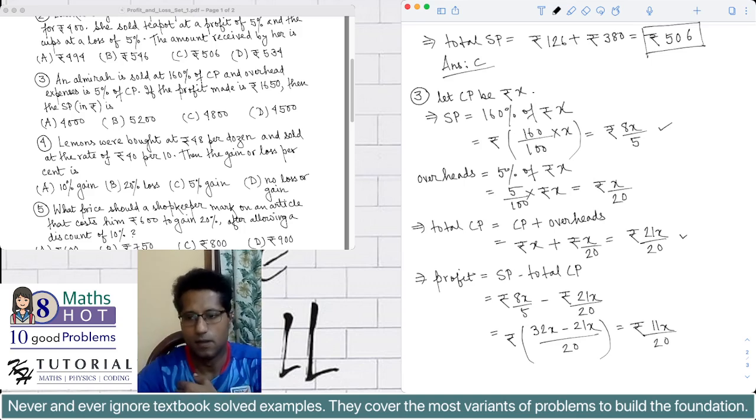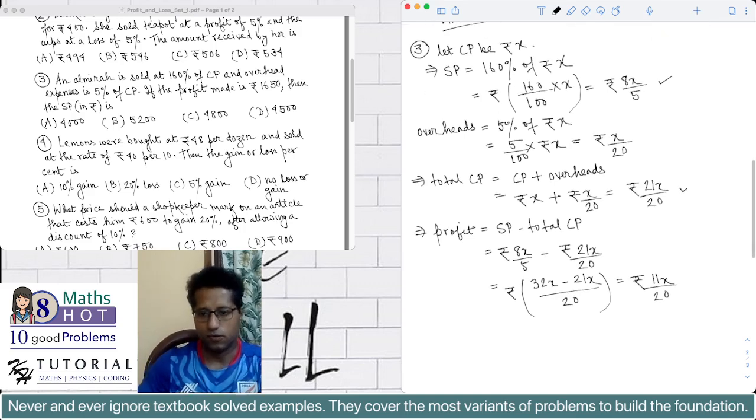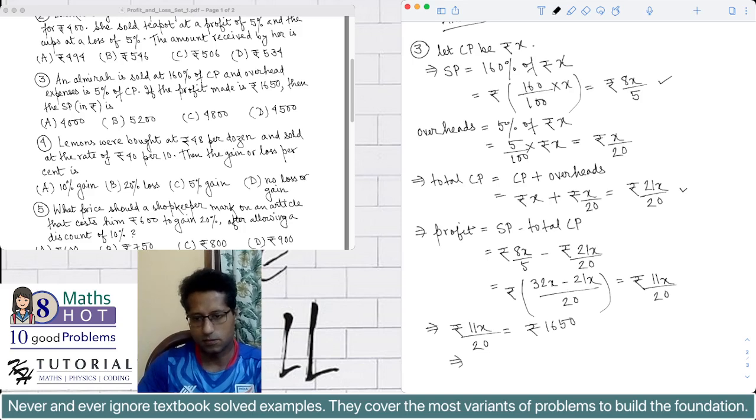This is the profit, which is given in the problem. It is given that the profit made is rupees 1650. So we can say that rupees 11X by 20 is equal to rupees 1650.